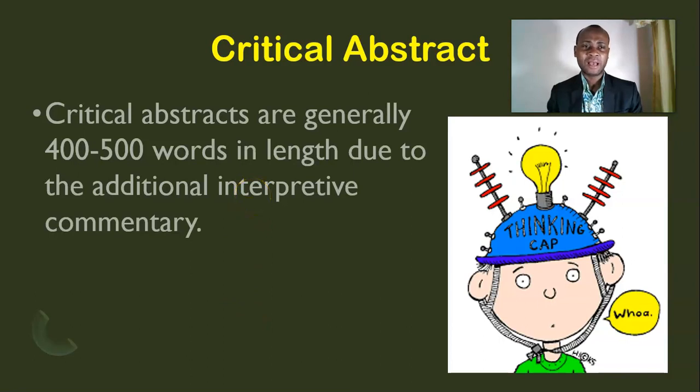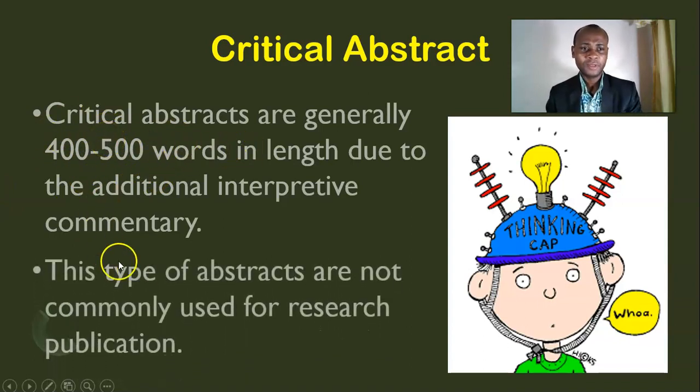Usually, critical abstracts are generally between 400 to 500 words, due to the additional interpretive commentary. This type of abstract is not commonly used for research publication. Typically, a critical abstract is similar to what in graduate school they call a critic paper.